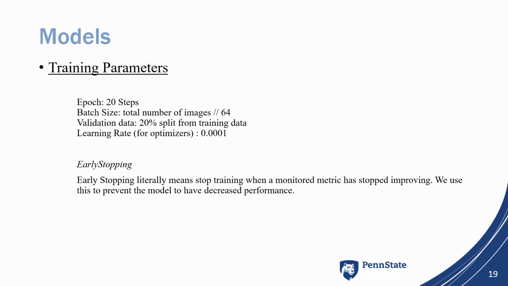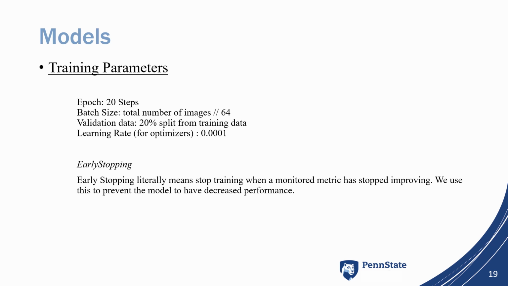And here are the training parameters of our models. We use 20 steps per epoch, and the batch size is the total number of images, floor divided by 64. The validation data that we use is a 20% split from training data, and the learning rate for the optimizers is 0.0001.